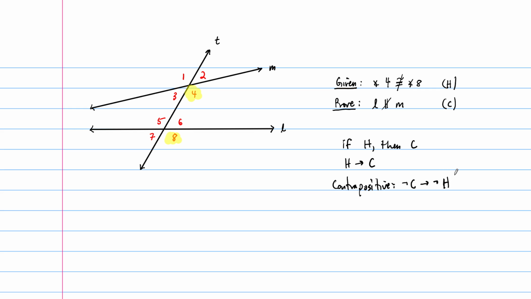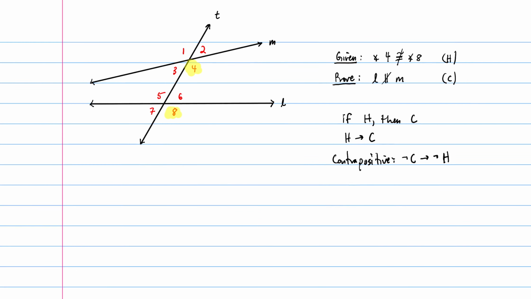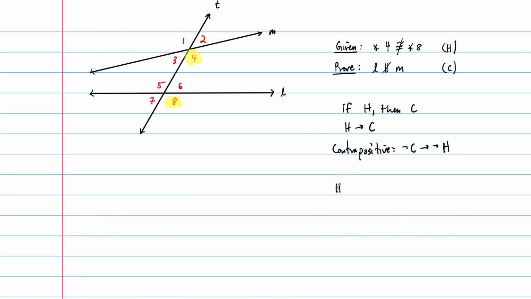And this one is equivalent to the original statement. This is very important: H implies C is equivalent to not C implies not H.